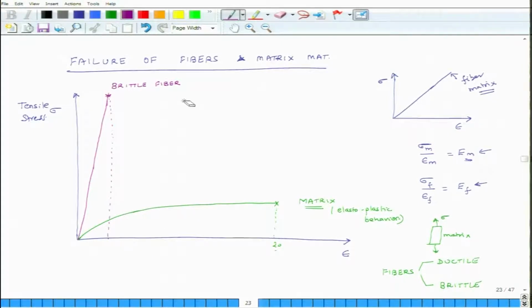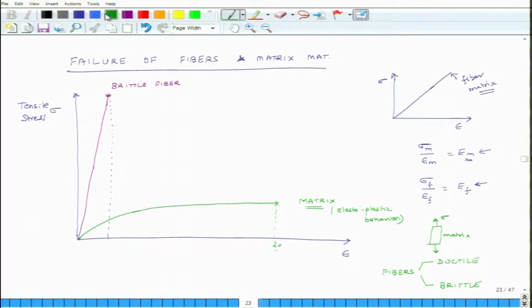But then there are fibers which are not brittle, they are ductile, and how do they behave? Initially they behave the same as brittle fibers, so you keep on pulling them and they exhibit elastic deformation. But after a certain threshold they start becoming plastic. The slope starts reducing, and then after a certain value of strain they also break. That is how ductile fibers behave.